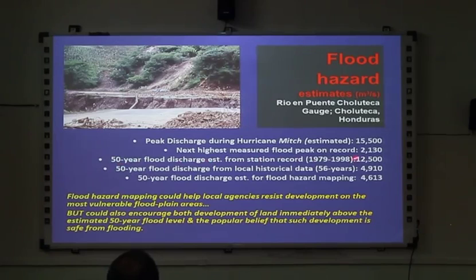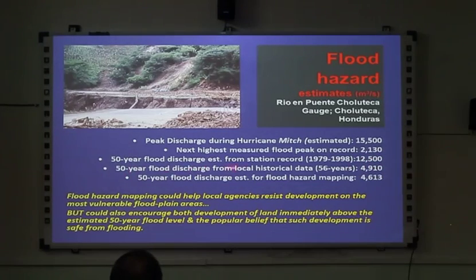The 50-year flood discharge estimated by projection of the data from the river gauge was 12,500.